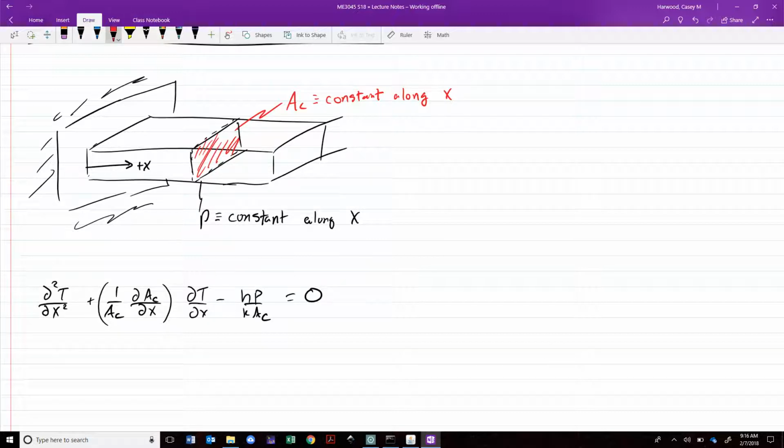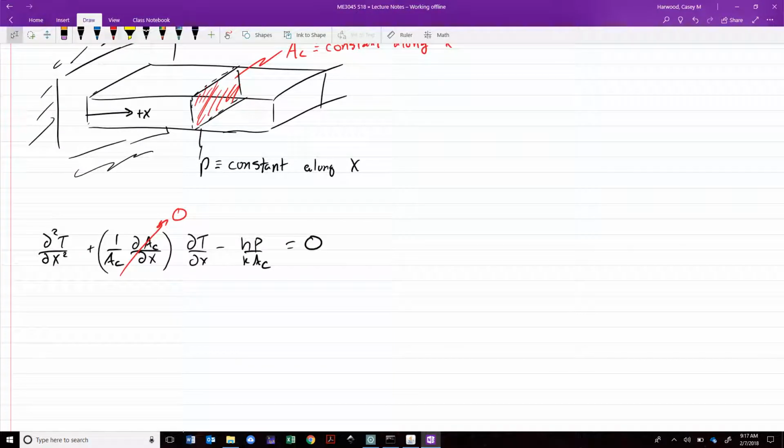Now, because we're saying that the cross-sectional area is constant in x, this term goes to 0. We're also going to make a couple of substitutions that'll simplify things. It's not necessary to make these, but it simplifies the solution.